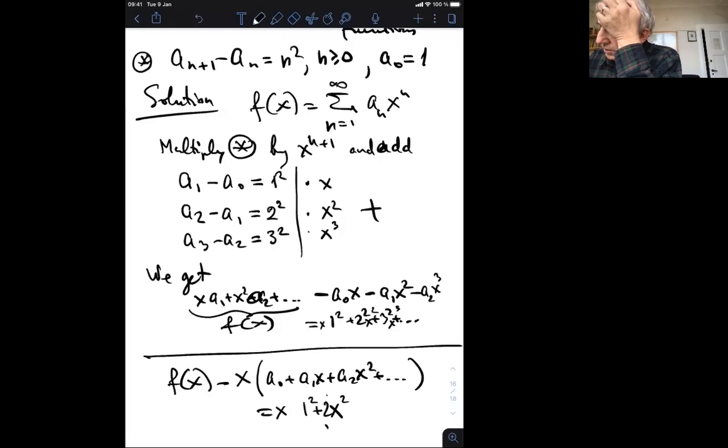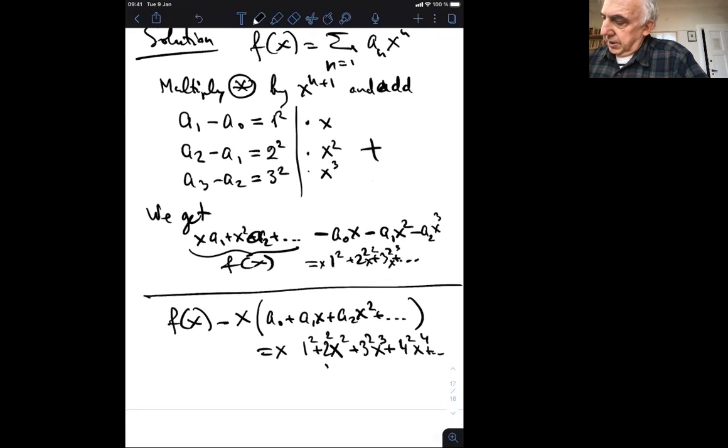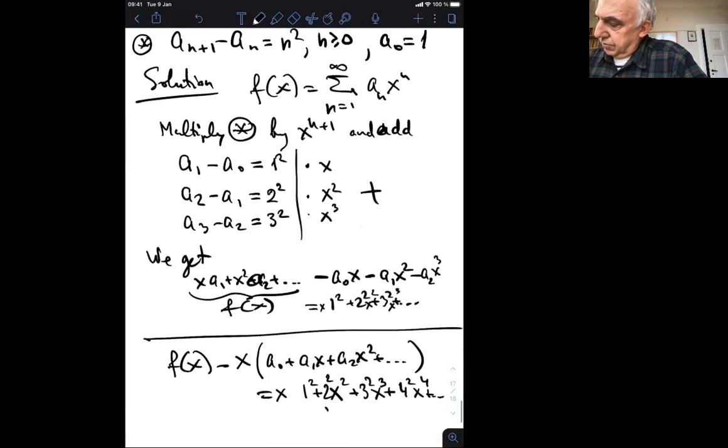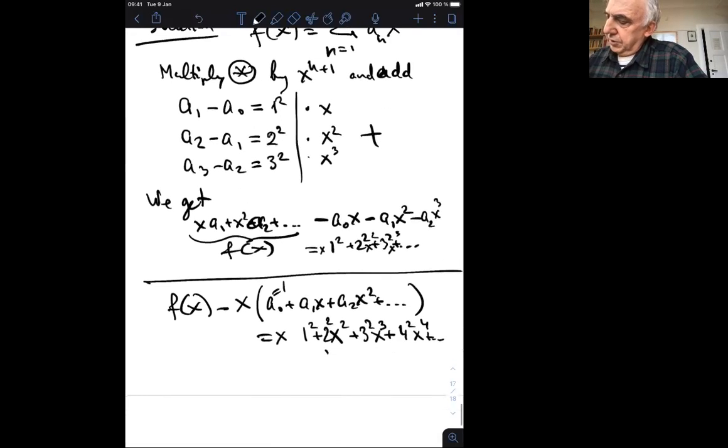2 squared x plus 3 squared x cubed plus 4 squared x to the 4 plus, and so on. Okay, so the left-hand side, and a0 was 1 here, yes, so what do we get?